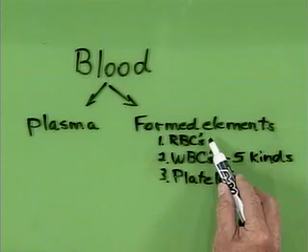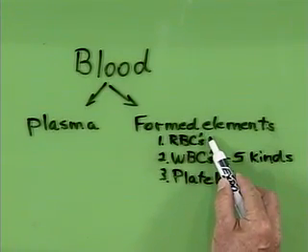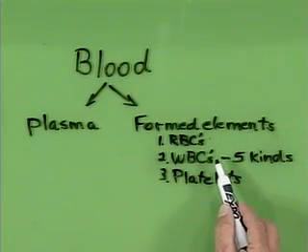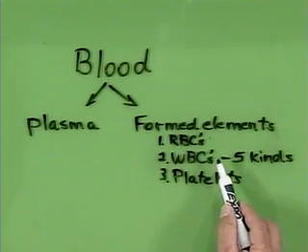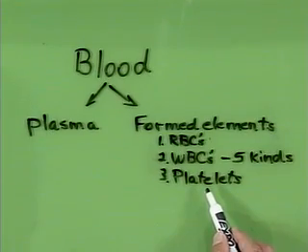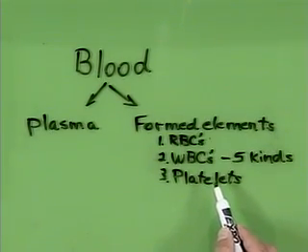Of course, the red blood corpuscles are involved in carrying oxygen because of their hemoglobin content. White blood cells, or leukocytes, have various functions, but in general, they have defensive roles. And platelets are involved primarily in the clotting mechanism.